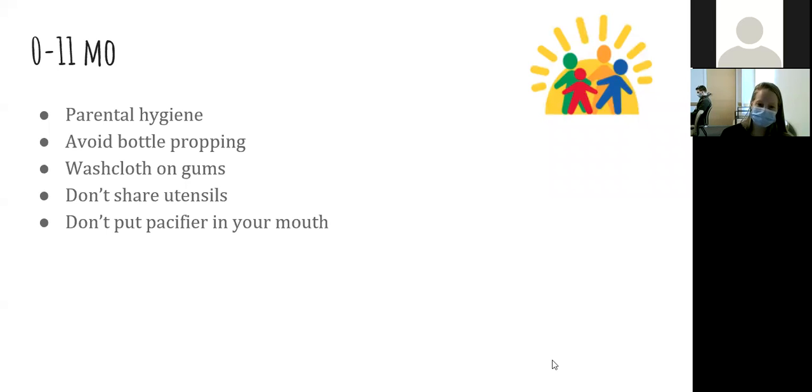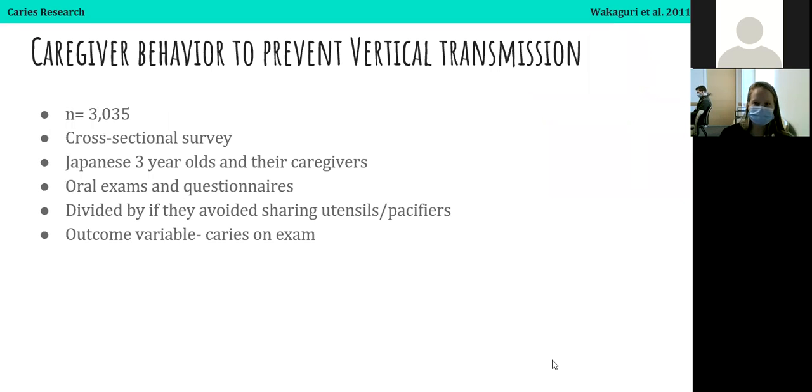The theory behind it is that cariogenic bacteria like strep mutans have been shown to be transmissible on fomites like utensils and pacifiers. So that brought me to a paper published in 2011 in Carey's Research, which looked at Japanese 3-year-olds. In Japan, municipalities examine these kids yearly for dental disease.